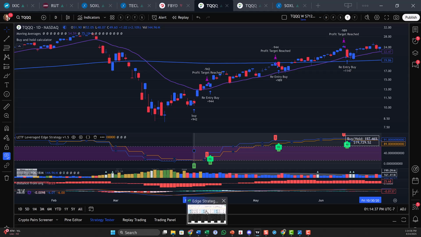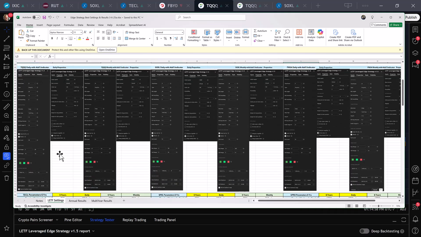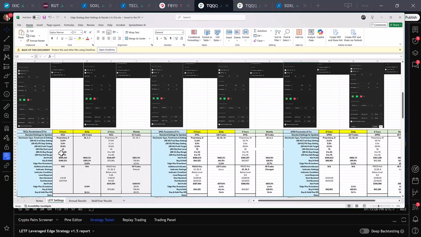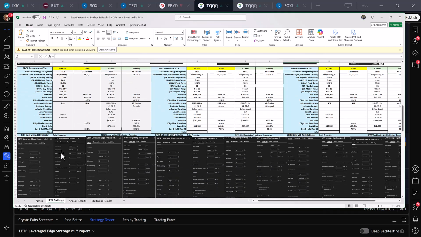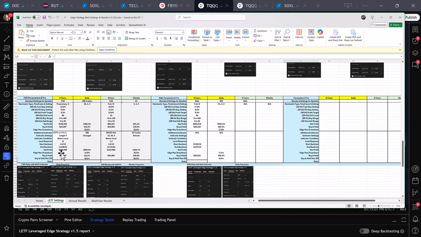So you can see what it looks like and easily match it up for the input and the properties tabs, so you can very quickly make sure that you've got the right settings, as well as, of course, matching to the net profit results. But like I said, there's quite a few of these available, quite a few different symbols that we provide settings for.